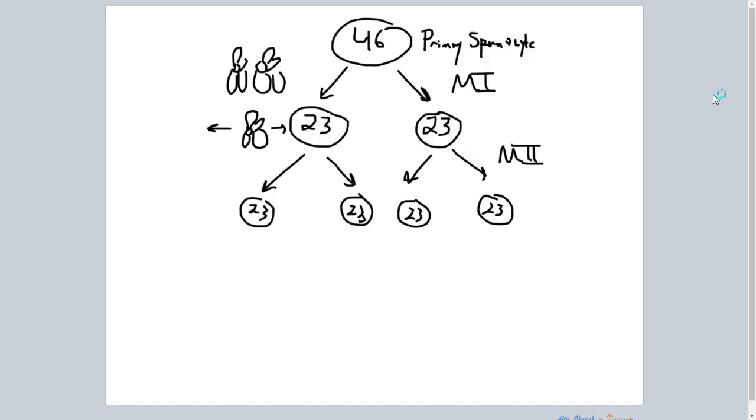These 4 cells are referred to as spermatids, and the cells they derived from are called secondary spermatocytes. Now, although genetically these cells are what we want, they contain one of each chromosome, one member of each homologous pair, they're not yet viable sperm.